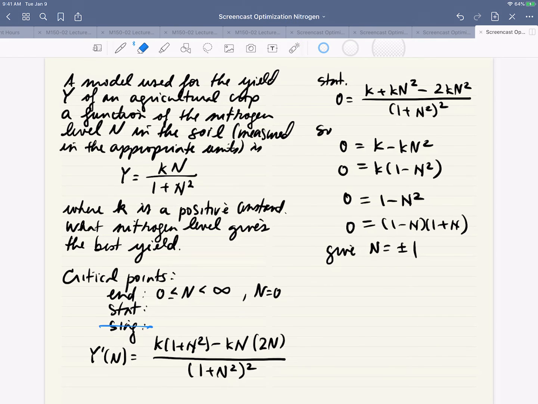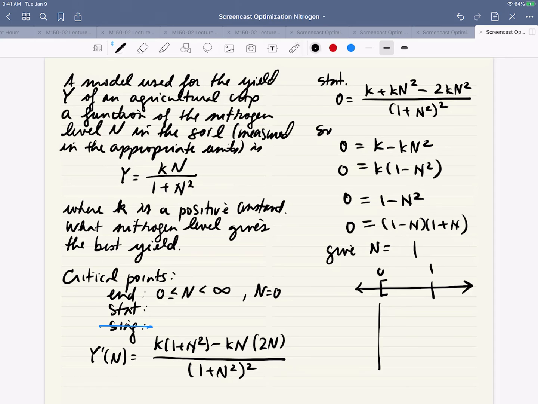So let's get rid of one of those. It's n equals just 1. Let's make our number line then. So we have an endpoint at 0, and we have a stationary point at 1.